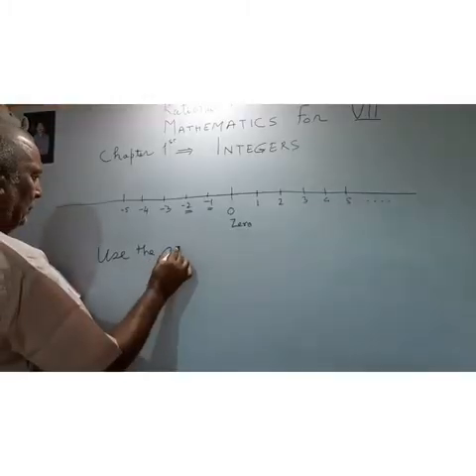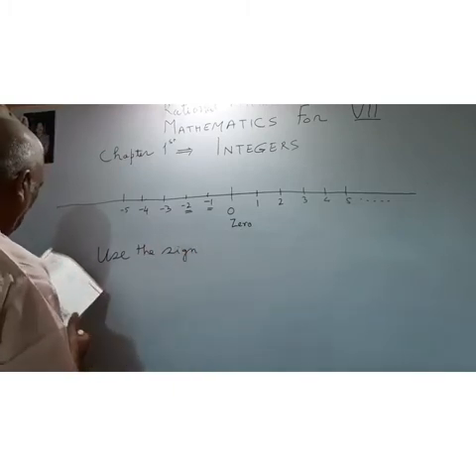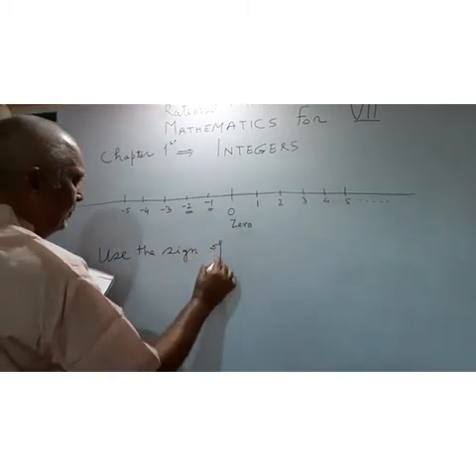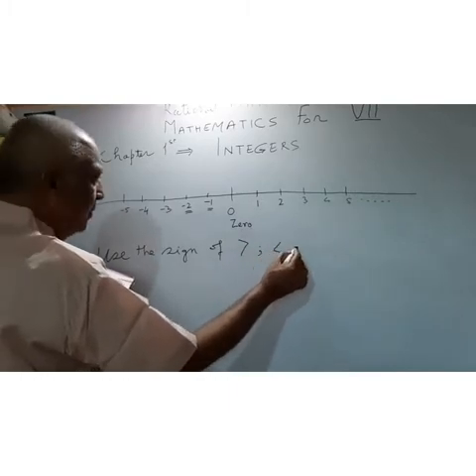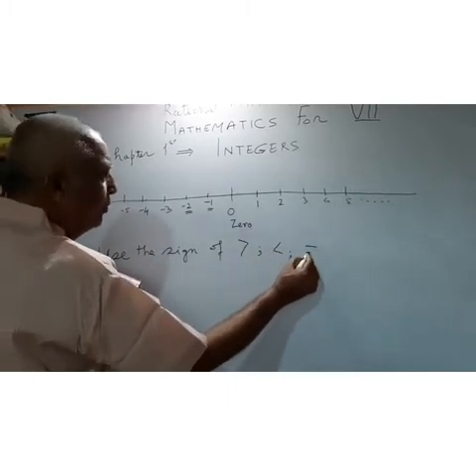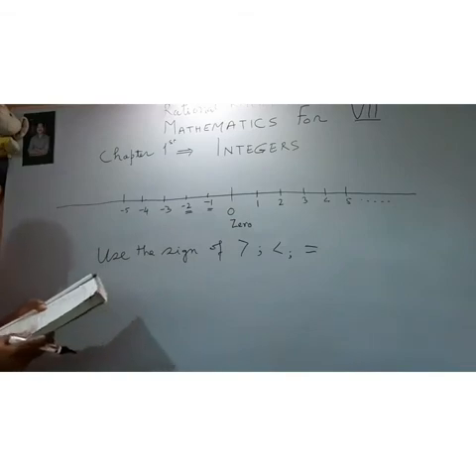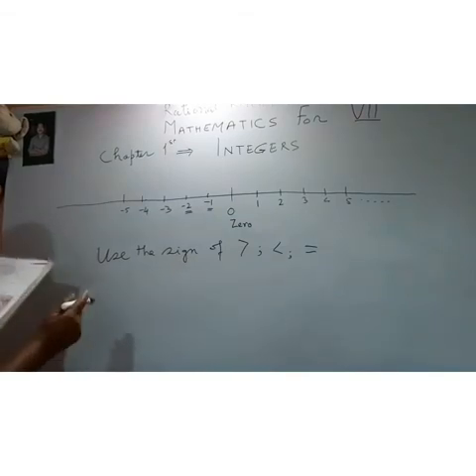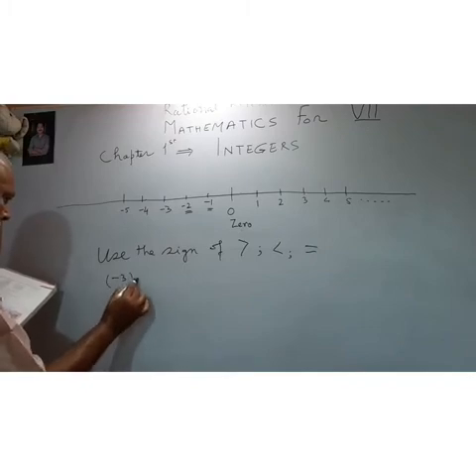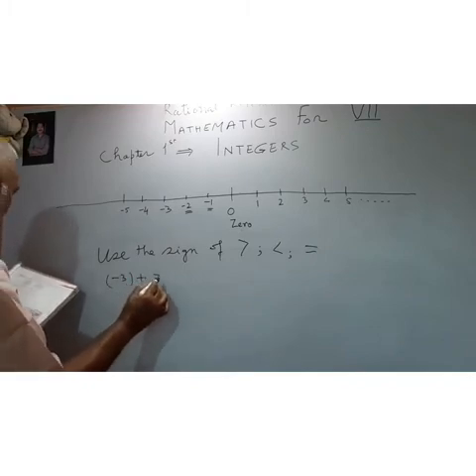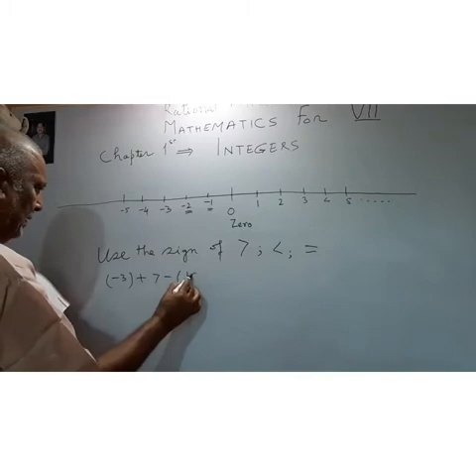One question of greater than, less than, equal to. Question is -3 plus 7 minus 19.